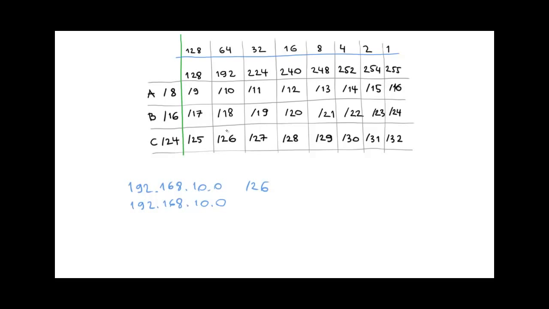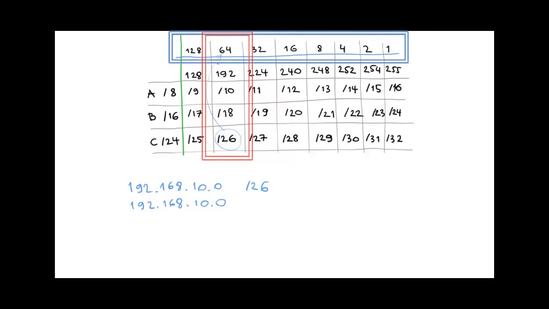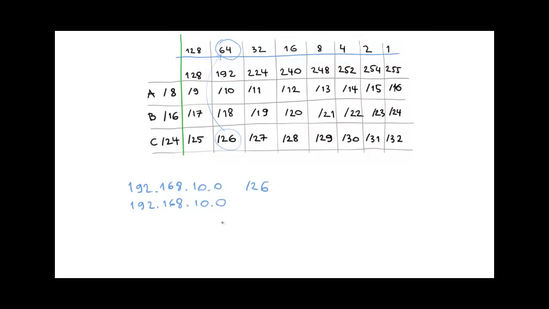Okay, let's look at the table. We have /26 here. Now we're looking up at the top row. 64, number 64 tells us that the next network, next subnet will start at 192.168.10.64.